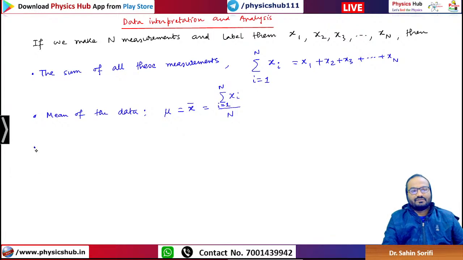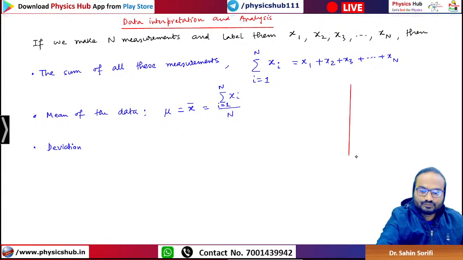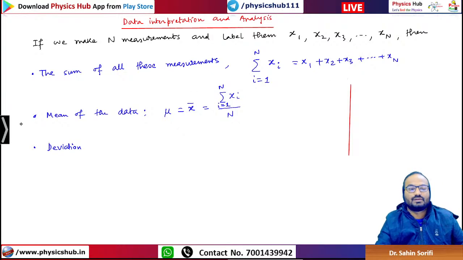If we talk about a deviation, you can imagine a picture to understand it better. Let us say this represents the mean value. Let us say we are talking about this value as x. Now the data points may be scattered in this way.